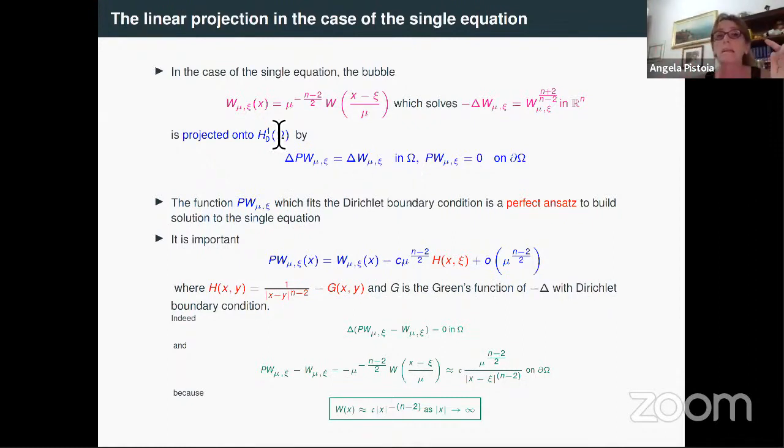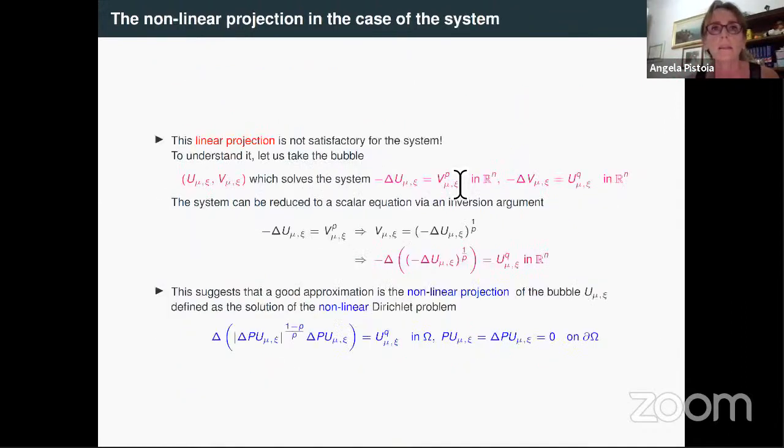This is done in the case of the single equation. Now, let me convince you why this is difficult in our case, and then I will finish my talk. In the case of the system, the linear projection does not work very well. Why? Look at the system. This is the limit system in R^n. I rewrite the system using Lions' idea as a non-linear equation.